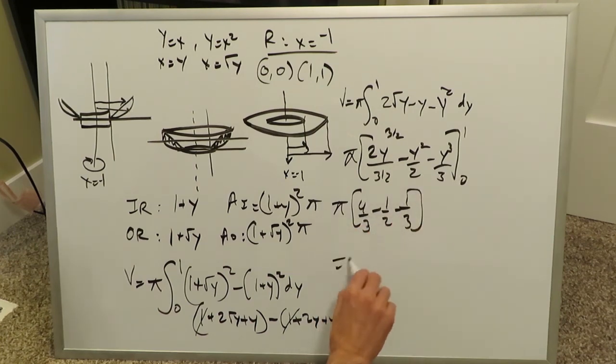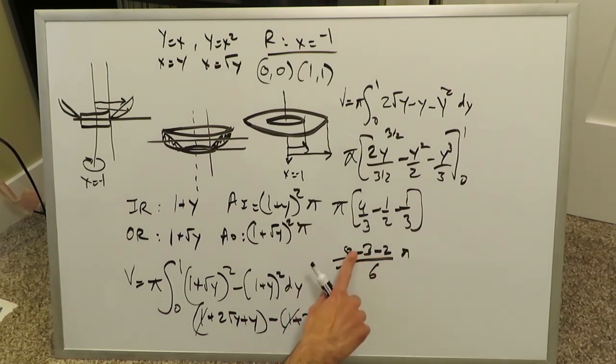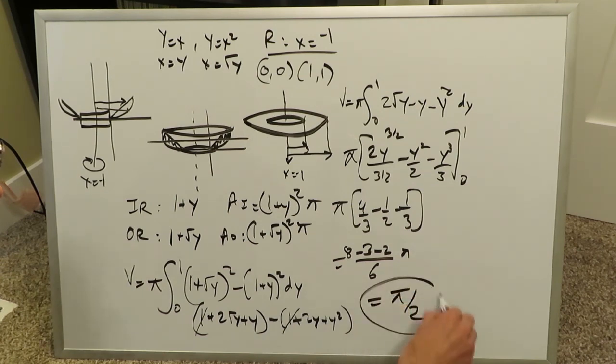You can use a common denominator of 6. 3 goes in 6 2 times, so you have 8. 2 goes in 6 3 times, so 3. 3 goes in 6 2 times, so 2. So 8 minus 3 minus 2 is 8 minus 5, which is 3 pi over 6, or pi over 2, as the volume of the solid.